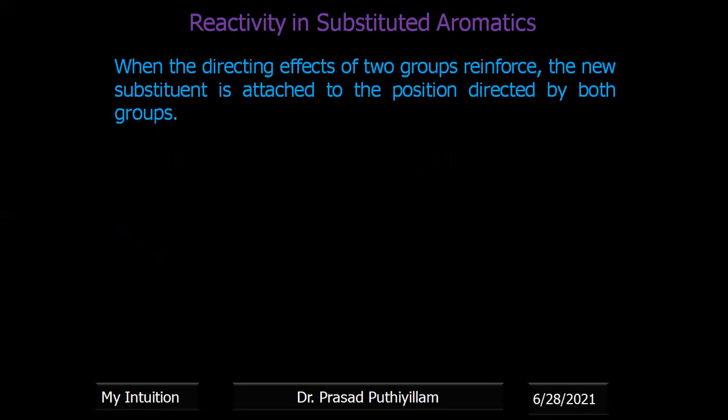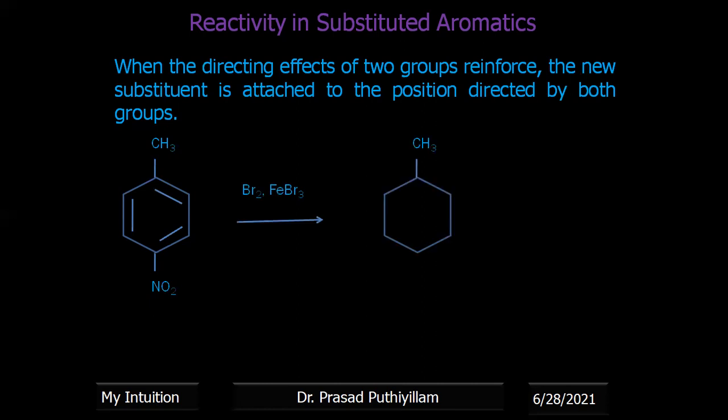When the directing effects of two groups reinforce, that means both work together, the new substituent is attached to the position directed by both groups. Taking the example of para-nitrotoluene on bromination, what is the expected product?